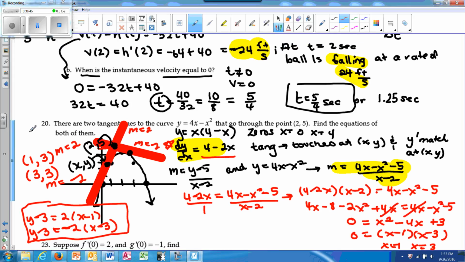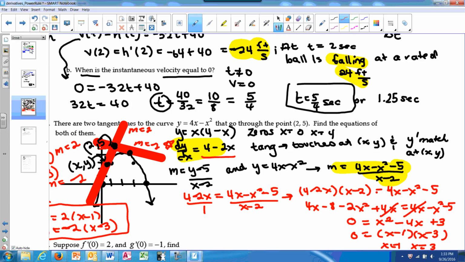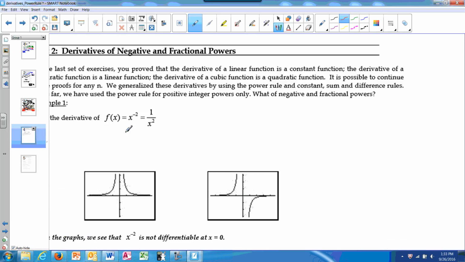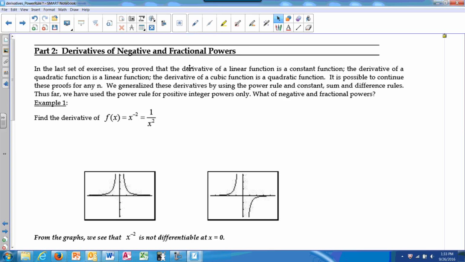Our slope, if the point is (3, 3), also uses the derivative. 4 minus 6 is negative 2. And that makes sense based on our diagram that we have a positive slope of 2 and a negative slope of 2.